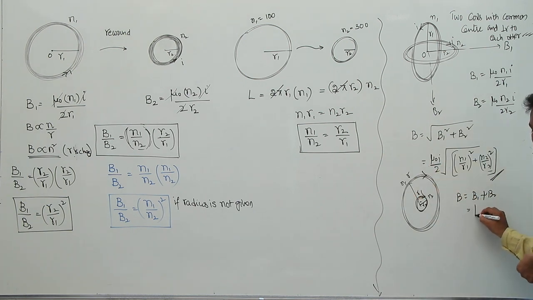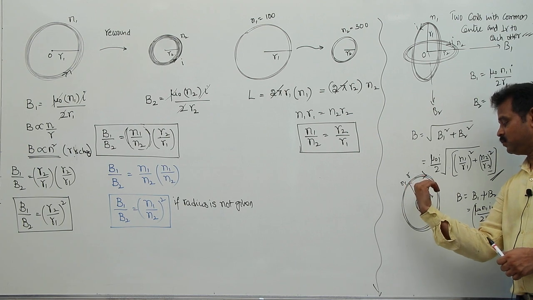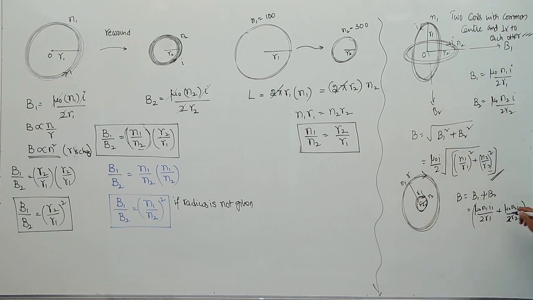So this can be given as mu naught N1 I1 by 2 R1, even if the current is same or different, plus mu naught N2 I by 2 R2. Here, as the current is flowing like this, the field is into for both. So you can write common as this one.